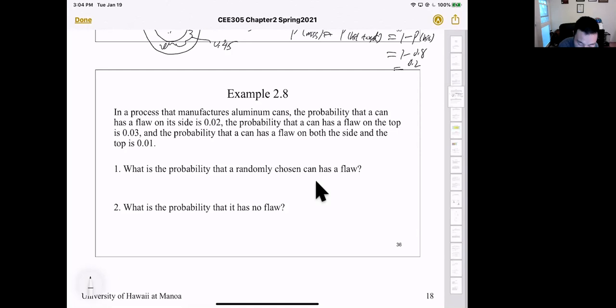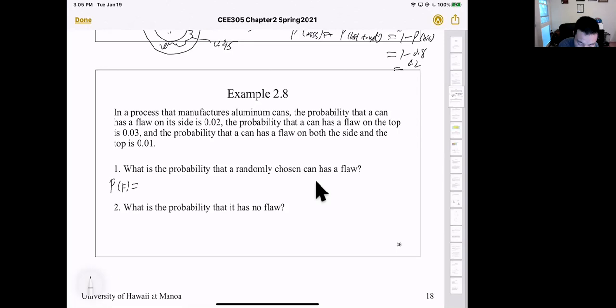The question is asking, what is the probability that a randomly chosen can has a flaw? Because these two events, flaw on the side and flaw on the top, are not mutually exclusive events, we should use the equation we just discussed. F is for flaw.